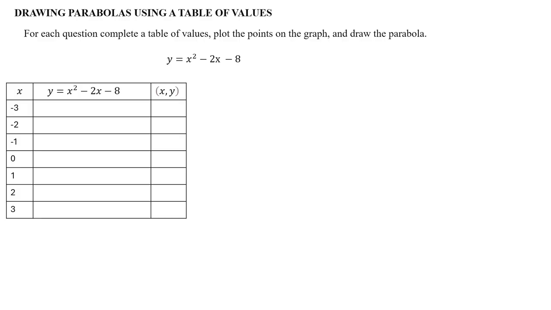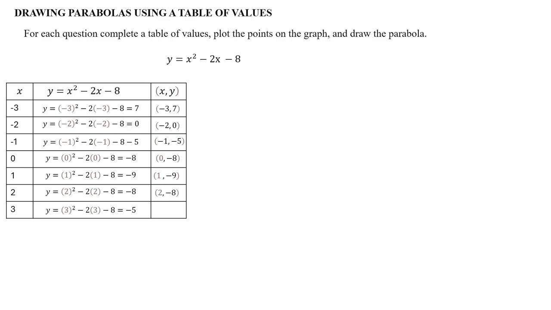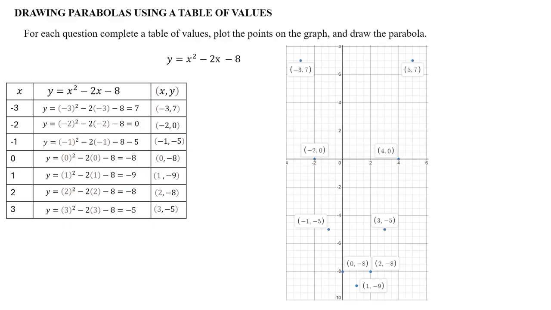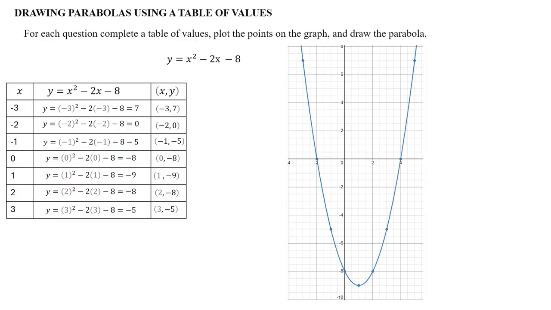Once again, we're asked to complete a table of values, which I'll do quickly here. There we have a whole series of points that we can plot on the graph. And when we join the points, we see that we get another parabola. Notice how this one is facing up again, and that's because the coefficient of our x squared term is positive.